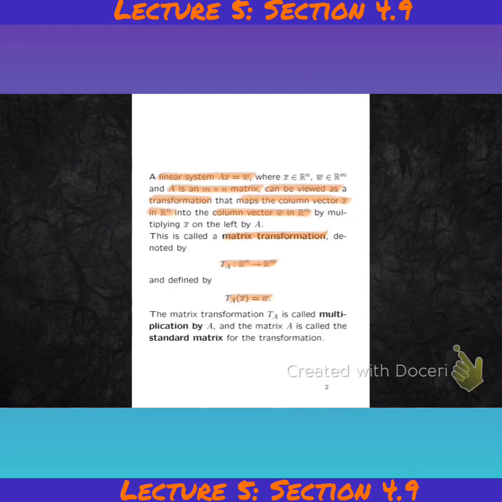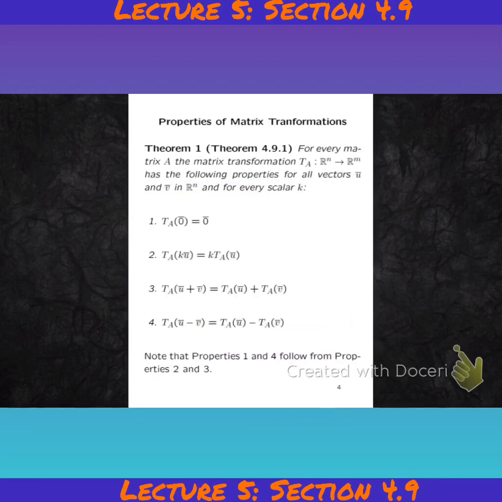So again, T subscript A of X bar takes X bar and multiplies on the left with the matrix A. The matrix transformation TA is called a multiplication by A, and the matrix A is called the standard matrix of this particular transformation. Right, so we can go and look at properties of matrix transformations.